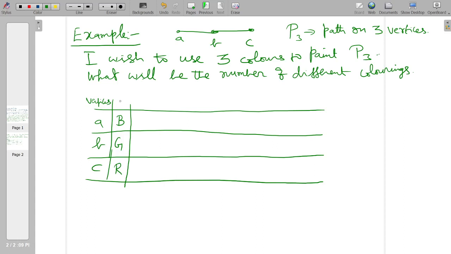This is the first type. The second would be I fix blue and interchange the colors green and red.